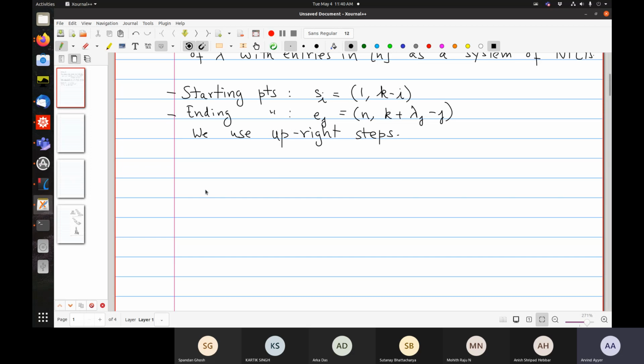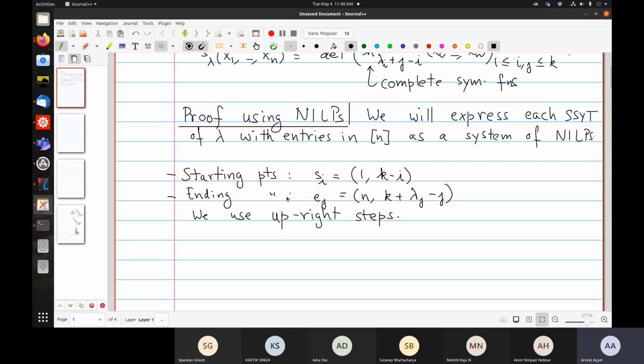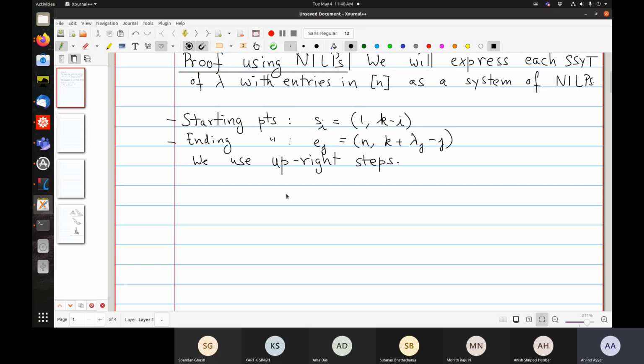Now, this is clearly not just a count. This is a generating function of something, so we need to give weights. The weight of each horizontal edge is 1, so nothing happens there.